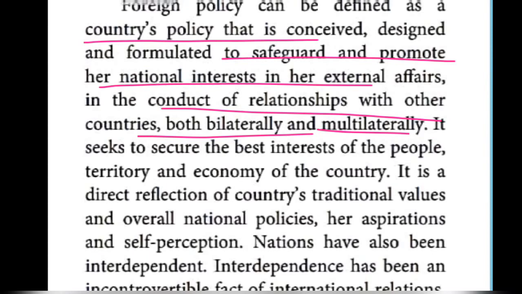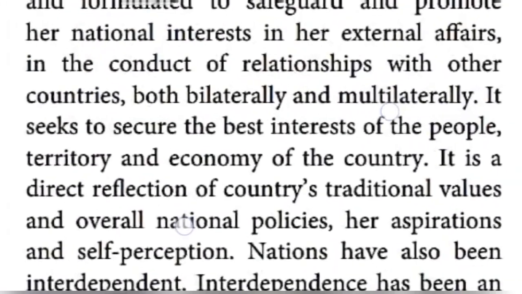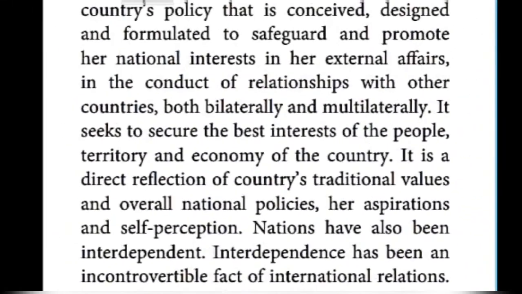Foreign policy can be defined as a country's policy. It is protecting the interest of the people as well as the nation.